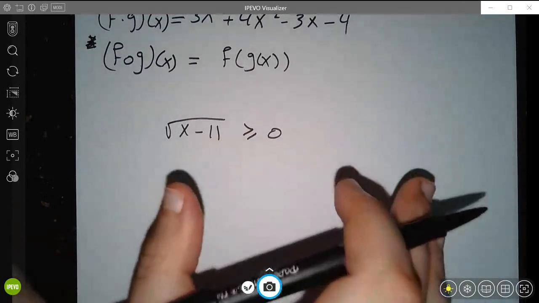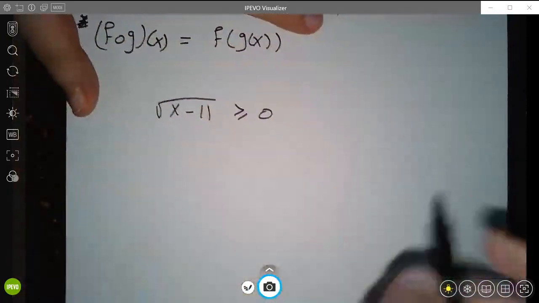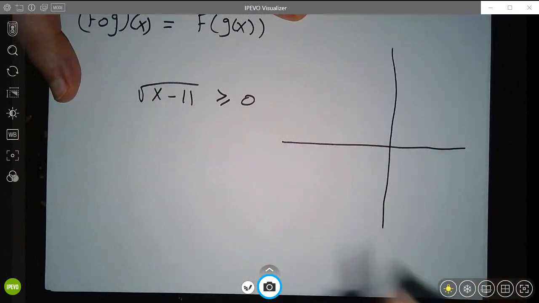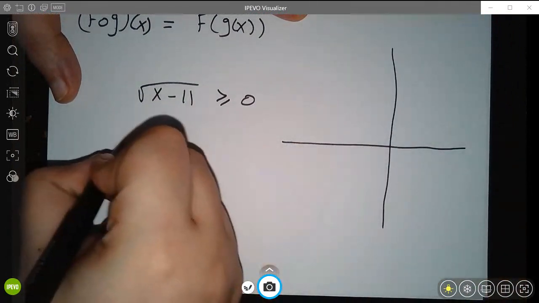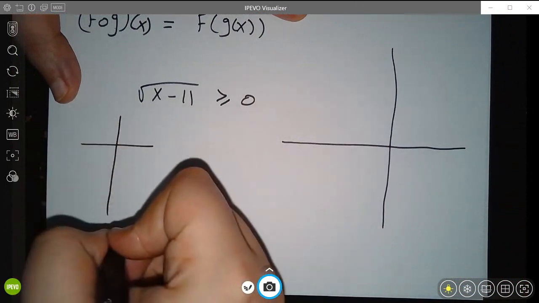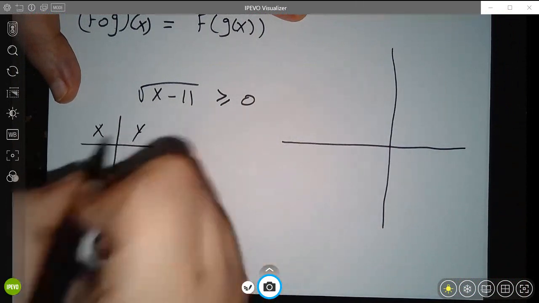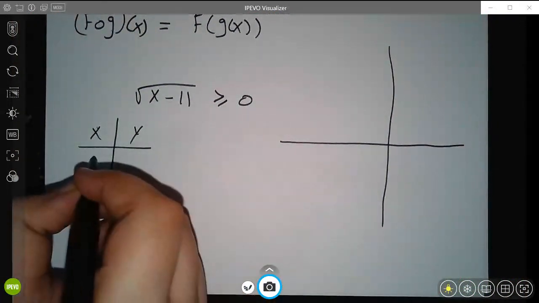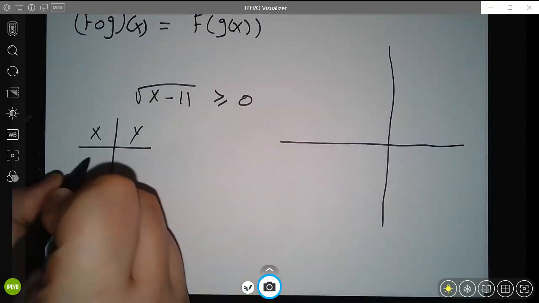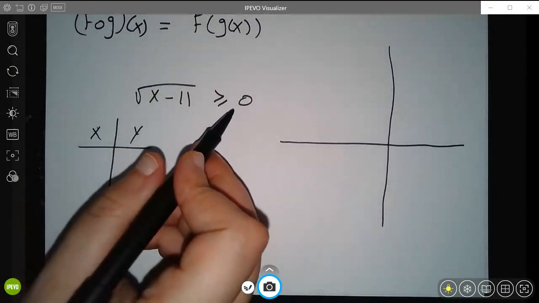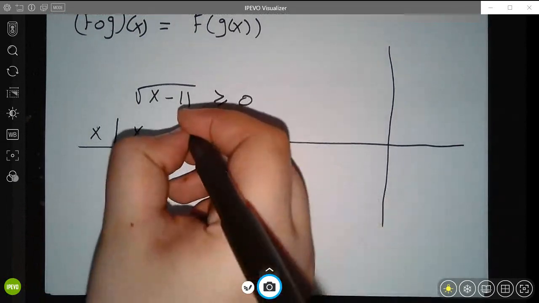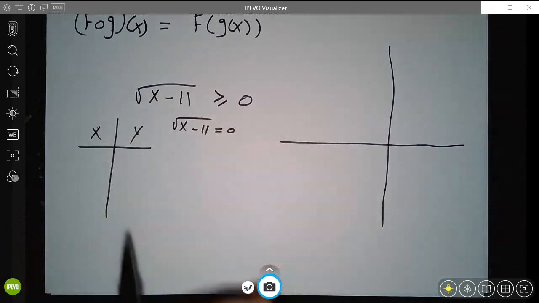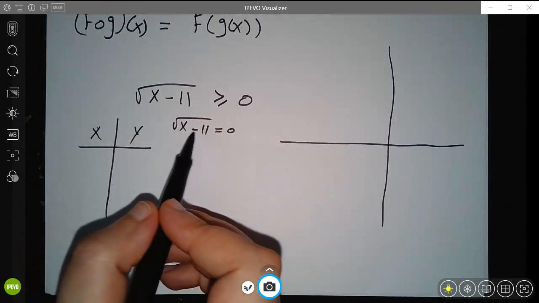Now, let me graph it. Let's see. Okay. You have x, y. I'm going to start off with some negative values here, and the values that turn it to 0, since I'm technically graphing this, not that.